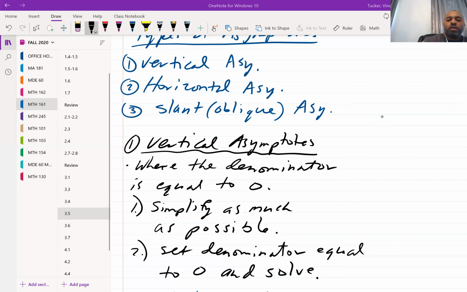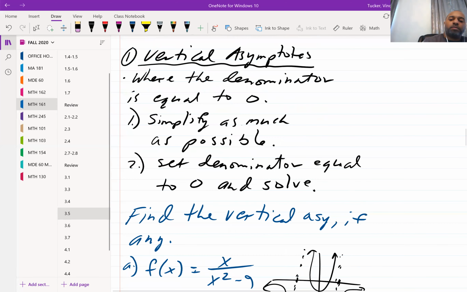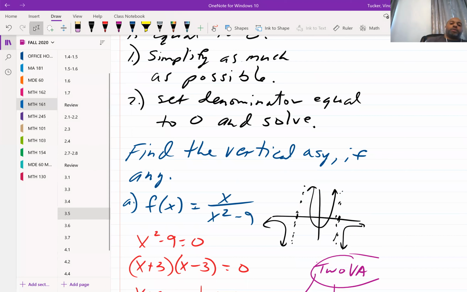All right. So find a vertical asymptote, if any.